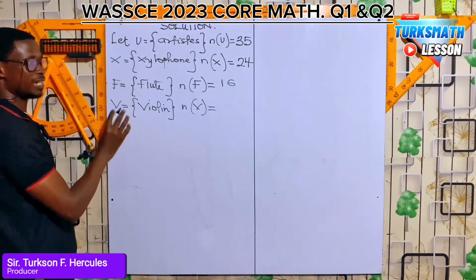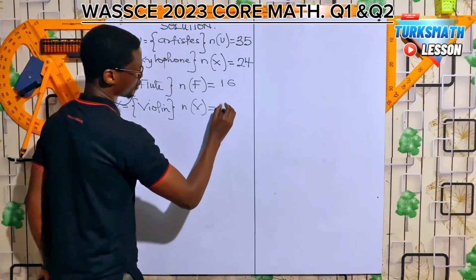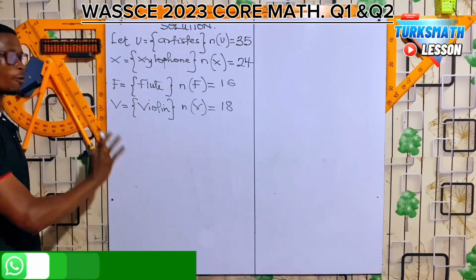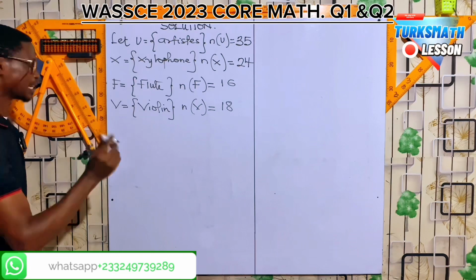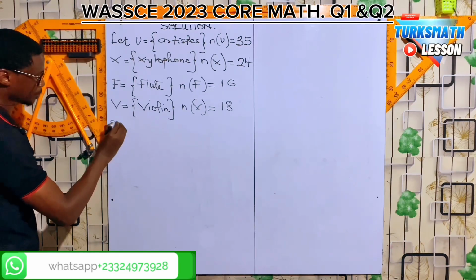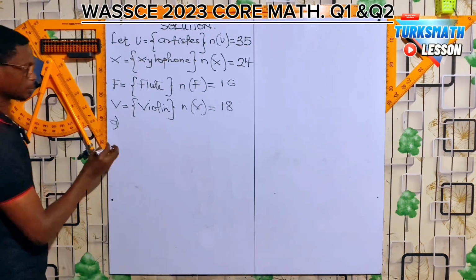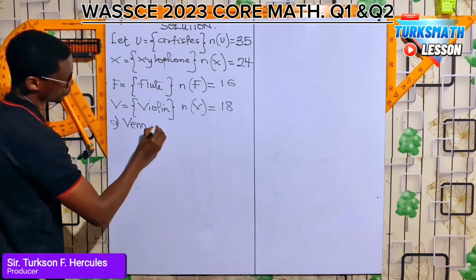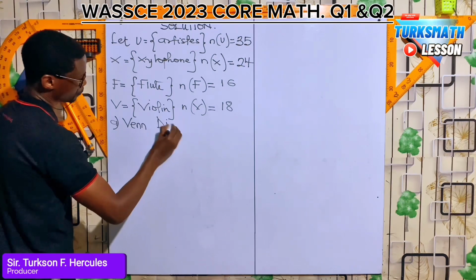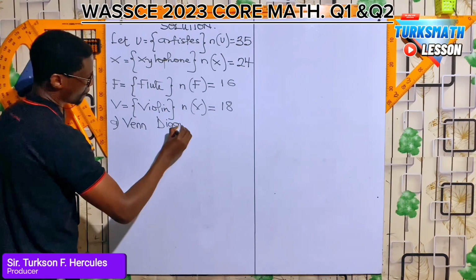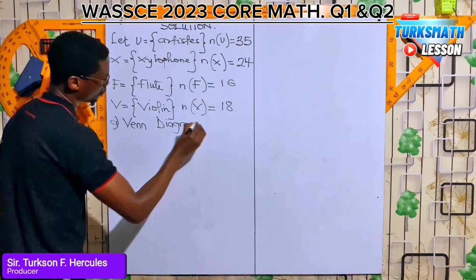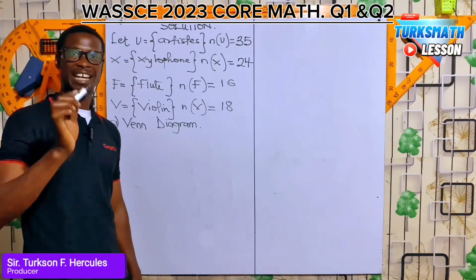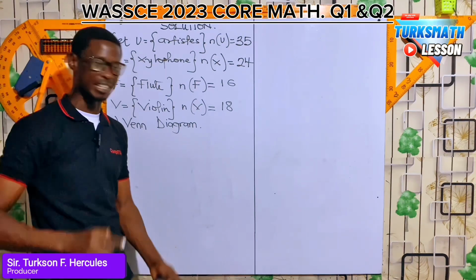Number of artists who play violin, 18. So I'm now going to draw my Venn diagram, that is A. So you can also get your pencil, your ruler. Please get your pen and ruler and draw your Venn diagram for me, right?